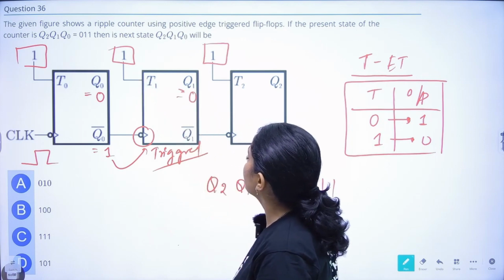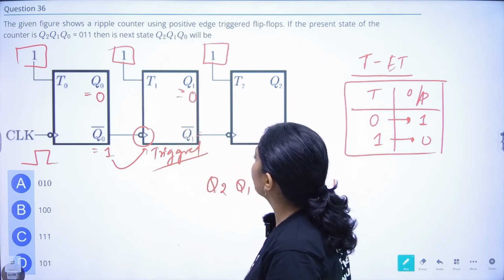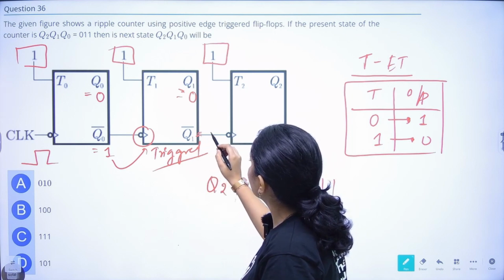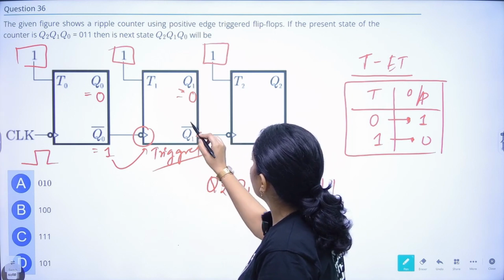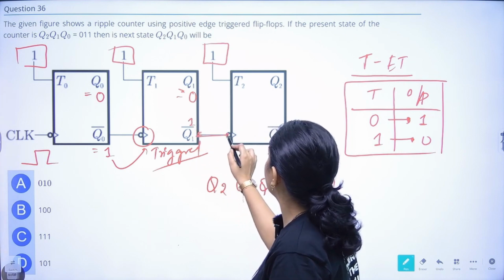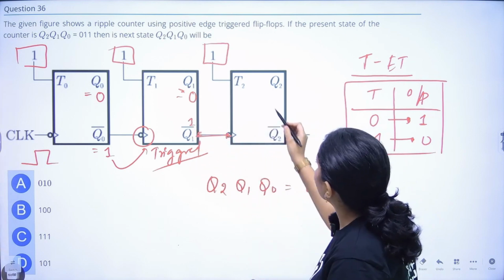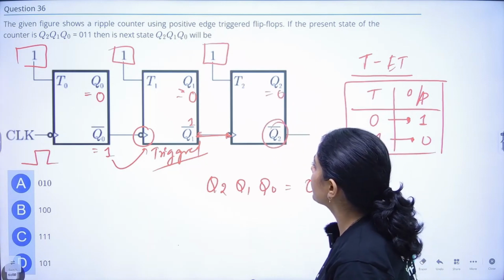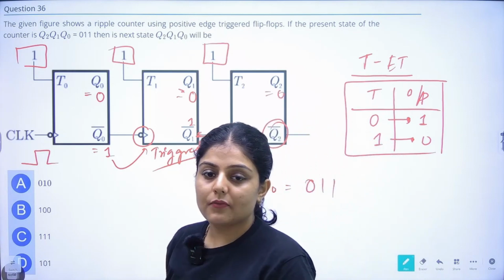It will become 0, and this will also become 1, and this will trigger the next one, and again 1 will become 0, and this will trigger the next flip-flop.